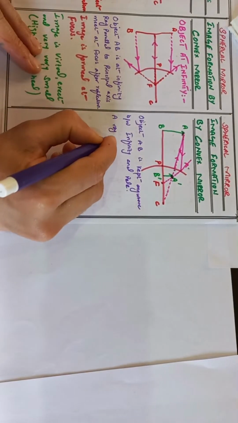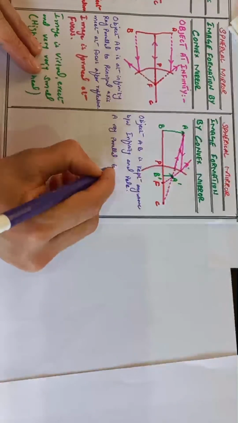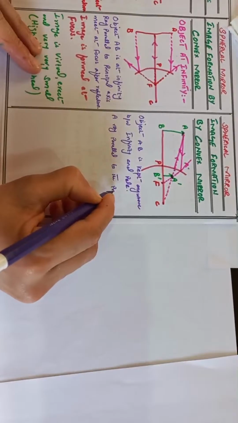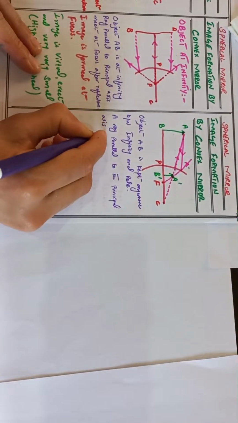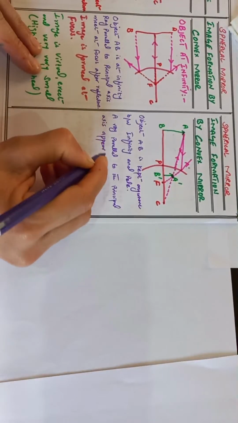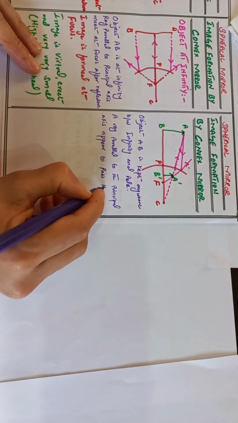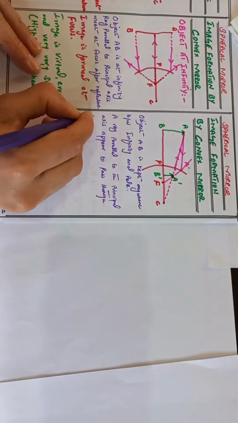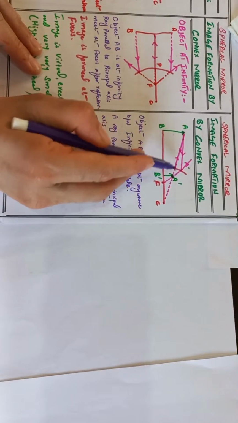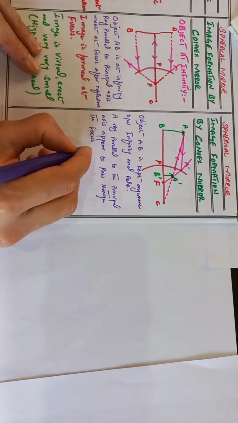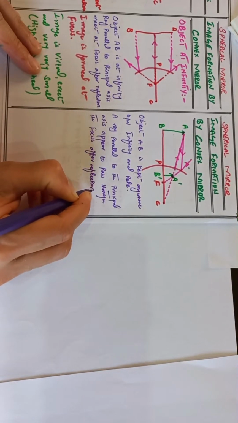A ray parallel to the principal axis appears to pass through the focus after reflection.